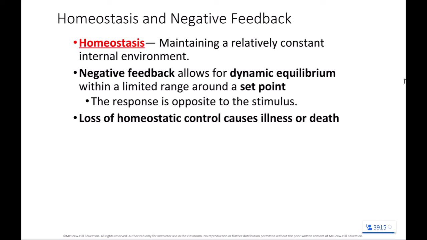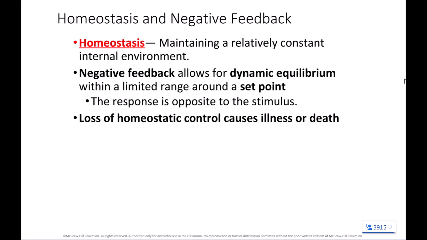To summarize a negative feedback loop, if there's a stimulus, the response is always opposite to the stimulus. If you're becoming dehydrated, you're losing water, the response is you feel thirsty and you drink water and your hydration level goes back up. If you are overheating, you sweat and lower your body temperature.